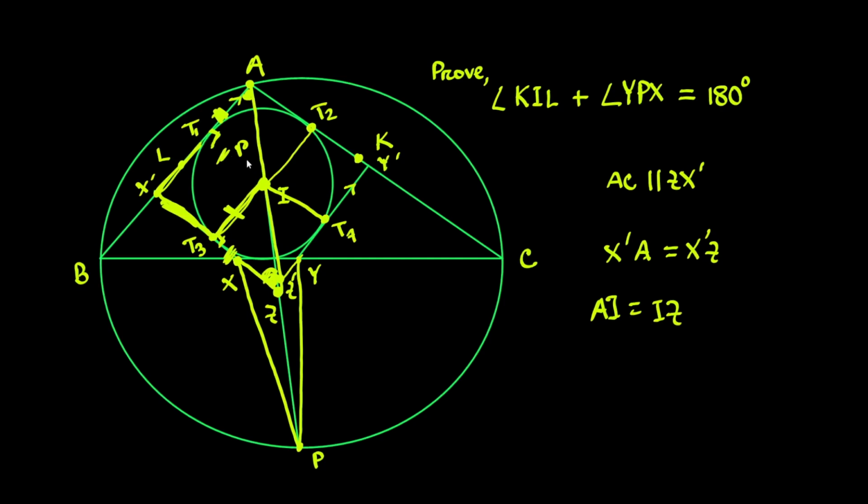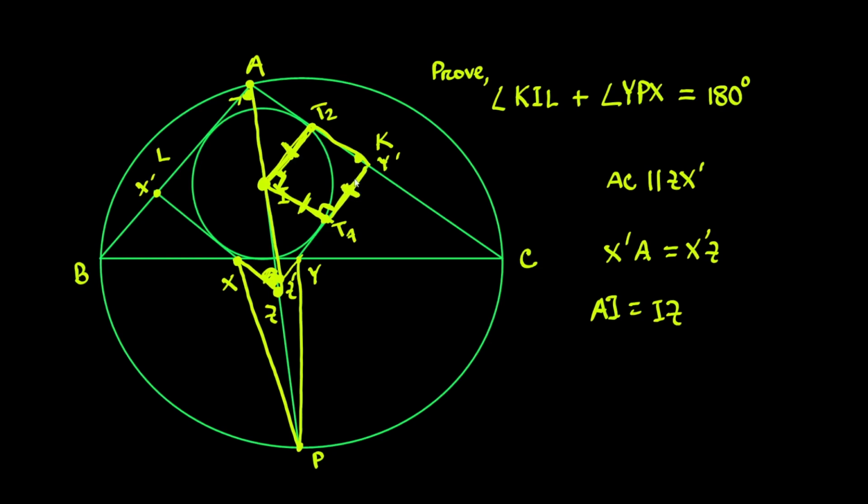Then let's remove all this. From similar reasoning, IT1 is equal to IT4. Due to this being 90 degrees and this being 90 degrees, this length is also this length.